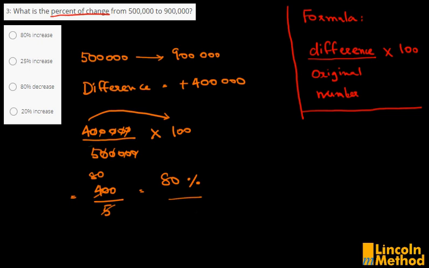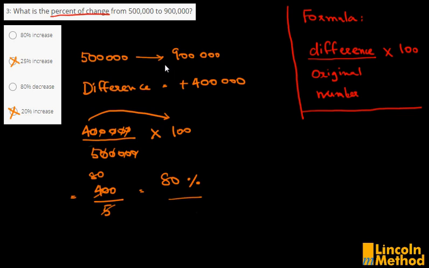Now out of the 4 options that are given to us, the second option and the fourth option are not true. Now we're left with 2 options, the first one and the third one. Let's see which one of them is correct. So we have 80% increase and 80% decrease.